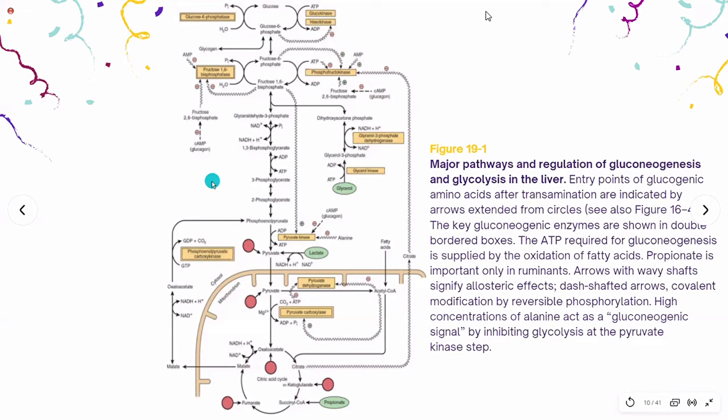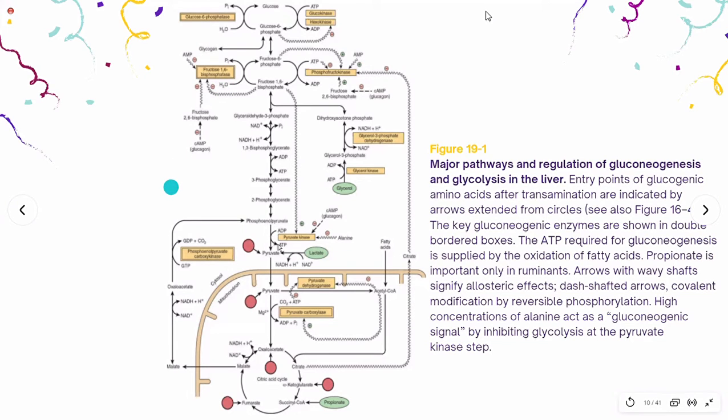What did it say? Gluconeogenesis employs the glycolytic enzymes, the citric acid cycle enzymes, and special enzymes. And what are these special enzymes? Starting from here, we have glucose 6-phosphatase. This one, fructose 1,6-bisphosphatase.